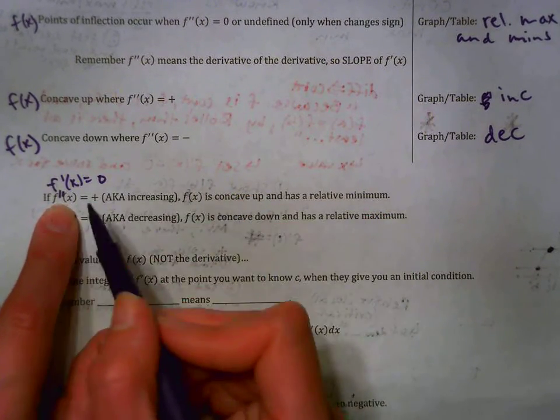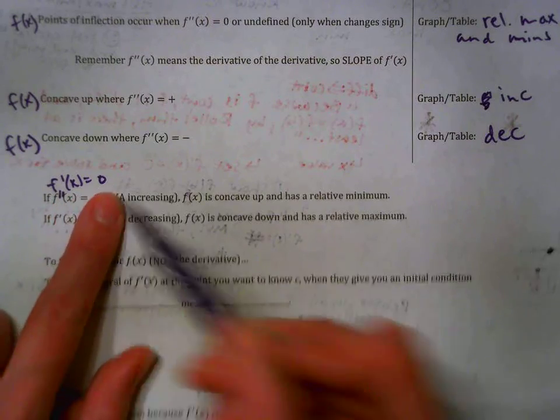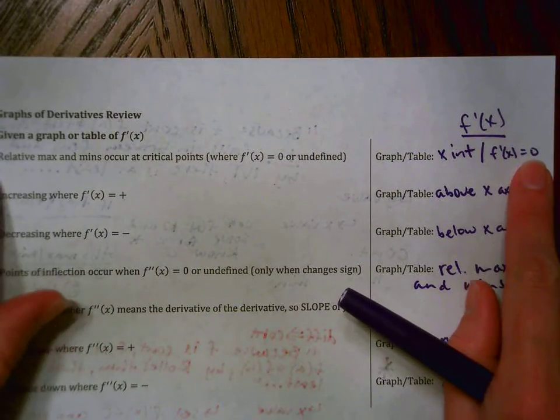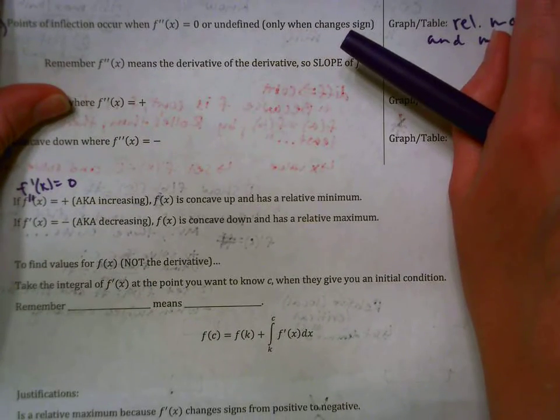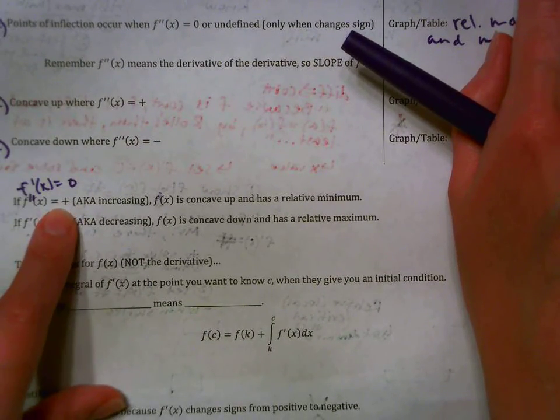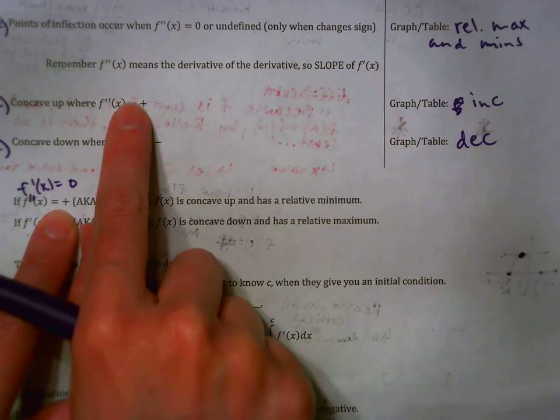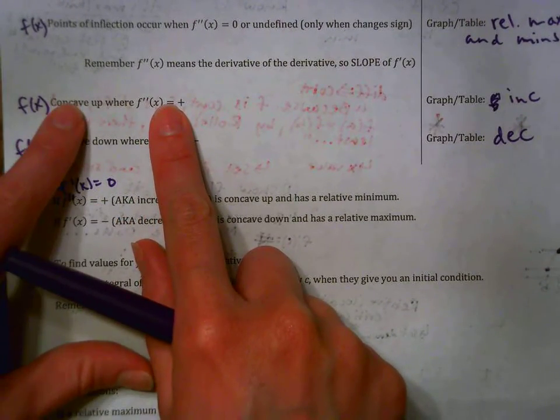So what do we know if this was our situation? We know f prime of x equals 0. That tells us that f of x has a relative max or min at that spot. And then if f double prime is positive, that tells us that it's concave up.